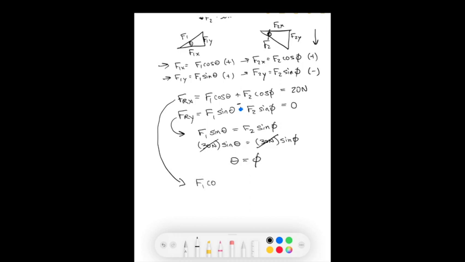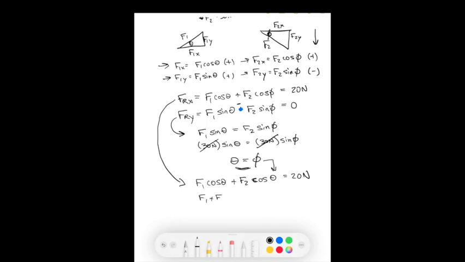So we can say that F1 cosine theta plus F2 cosine of theta again, because we know that theta and phi equal each other, is equal to 20 newtons.